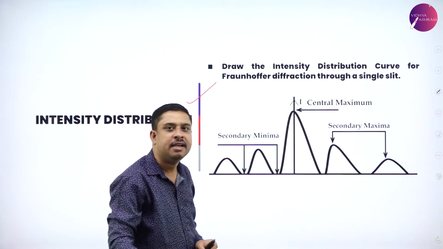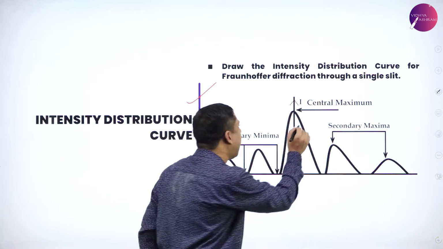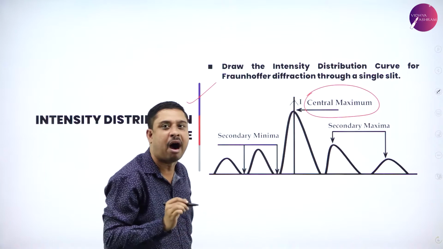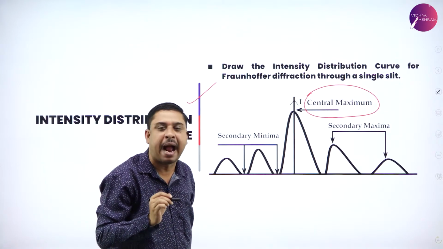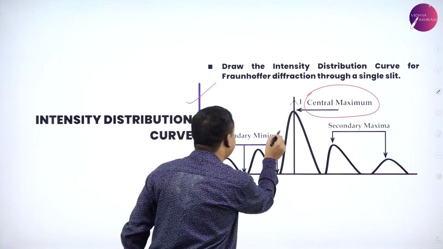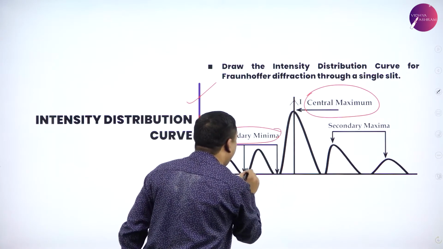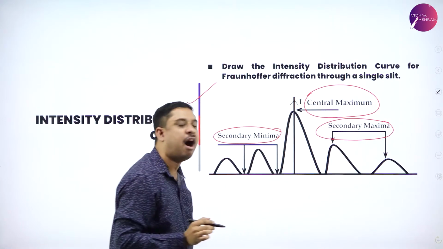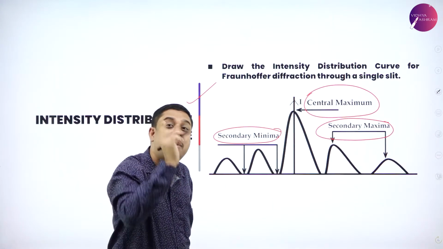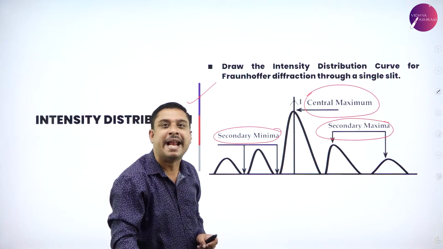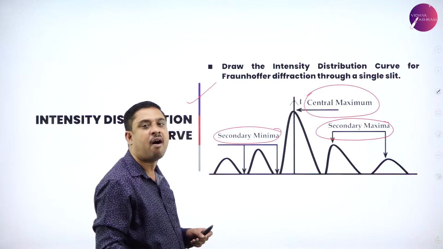The central band is the intense band, called the central maxima, the brightest band. These are called secondary minima, dark bands. Secondary maxima are bright bands, but less intense when compared to the central maxima.